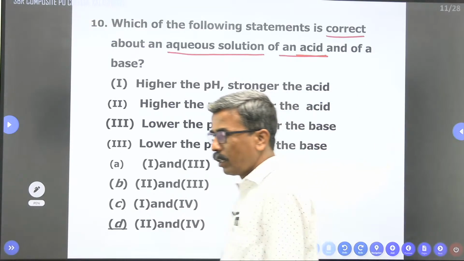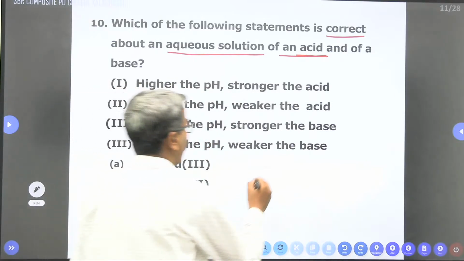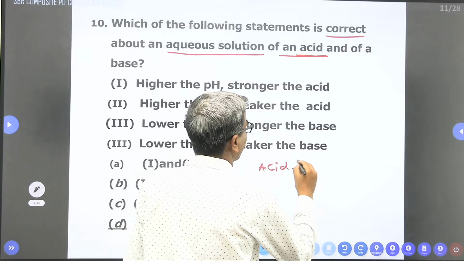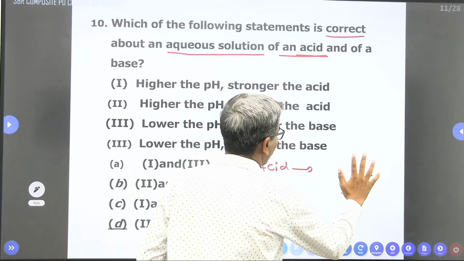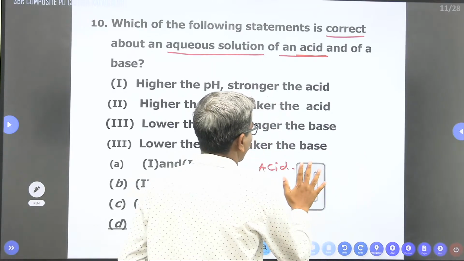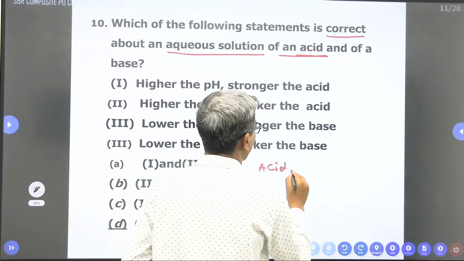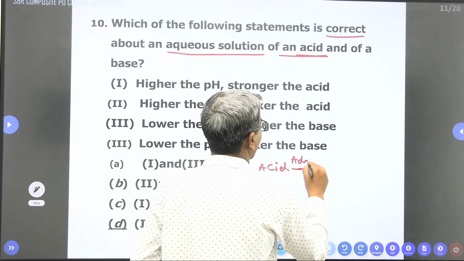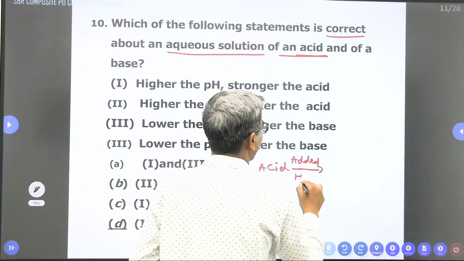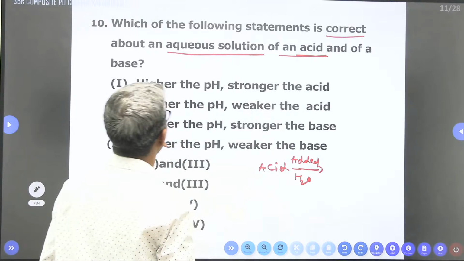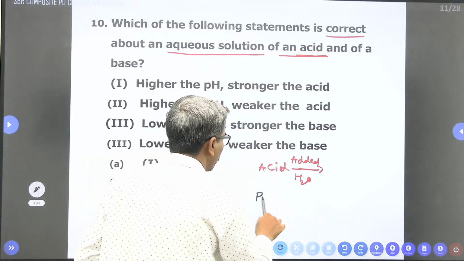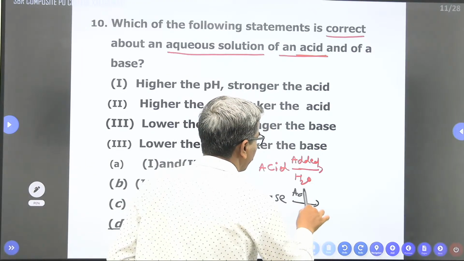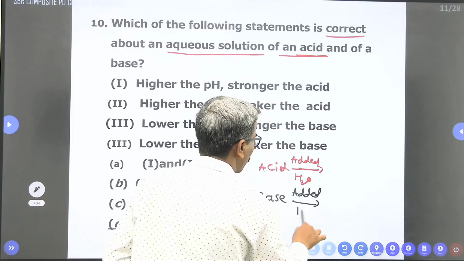Now they have taken an acid and added water, and they have taken a base, and to this also they have added water.